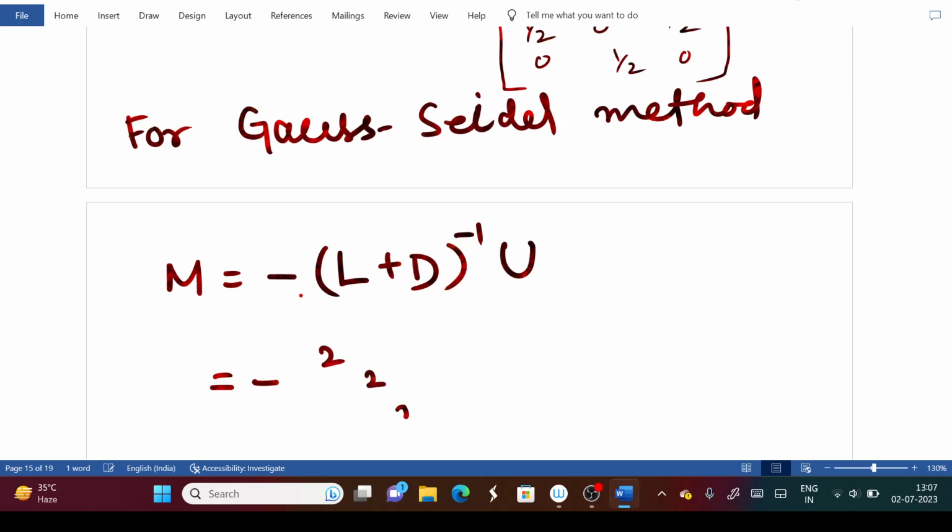It is 2, 2, 2 on the diagonal, with minus 1, 0, minus 1 below. This is L plus D.